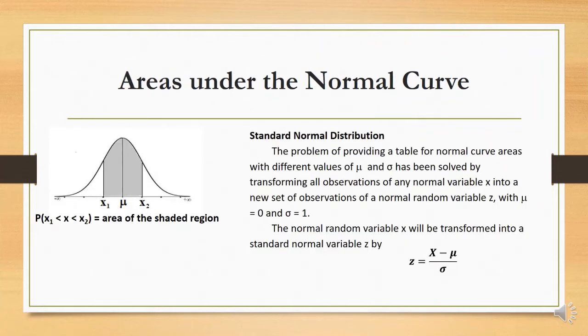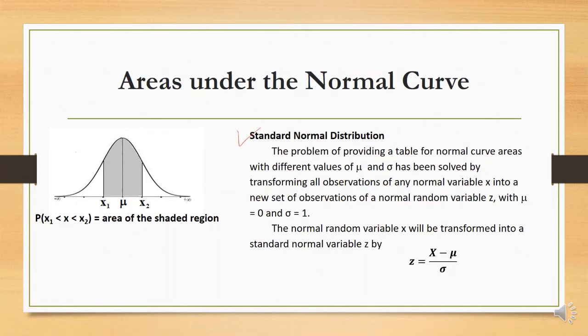Now, our concern earlier is, we said that if we integrate every time, it will take us some time to get the area. So fortunately, we have what is called the standard normal distribution.